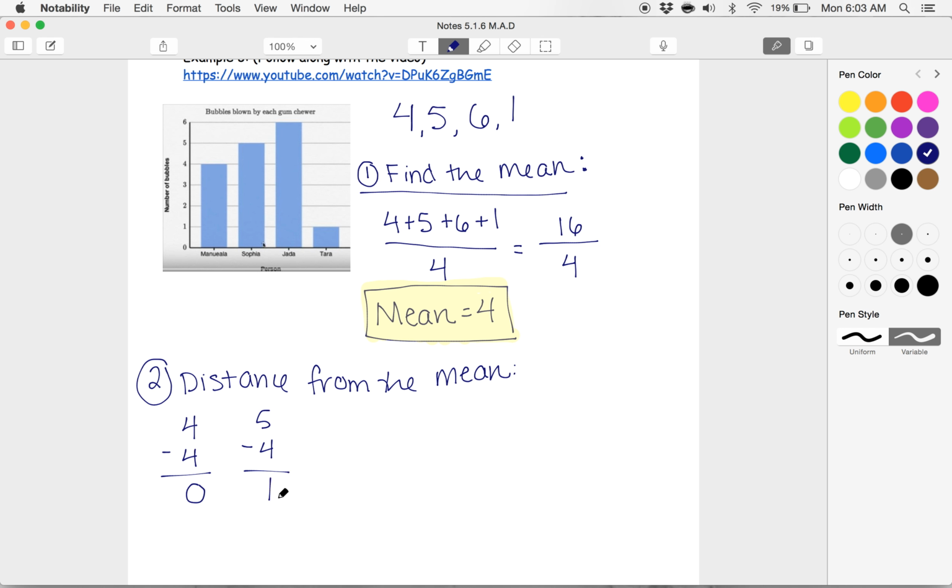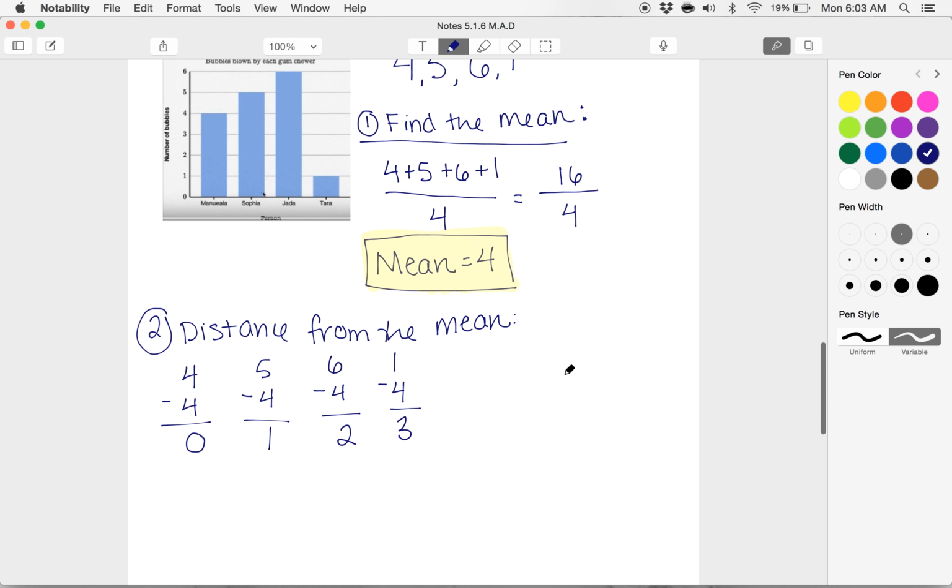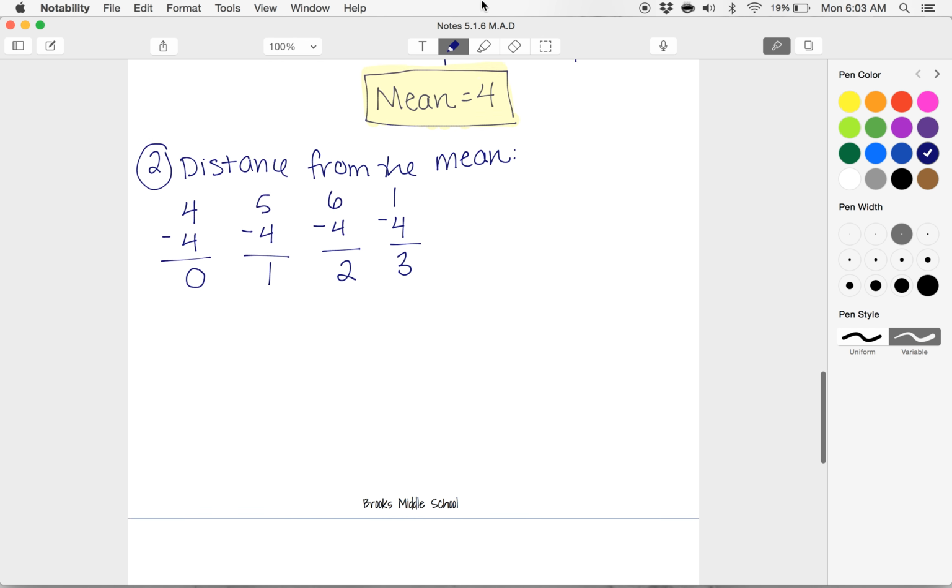That gives me a 1. 6 minus 4 gives me 2. And then 1 minus 4. Well, that gives me a negative 3, but I'm just going to write down a 3. So these guys here are my new data set.